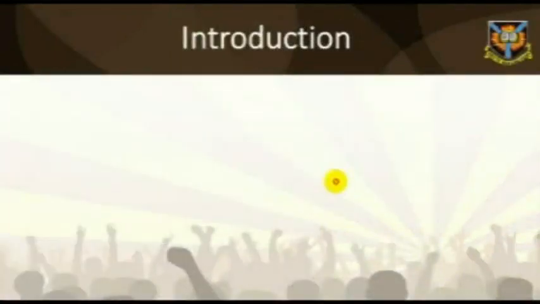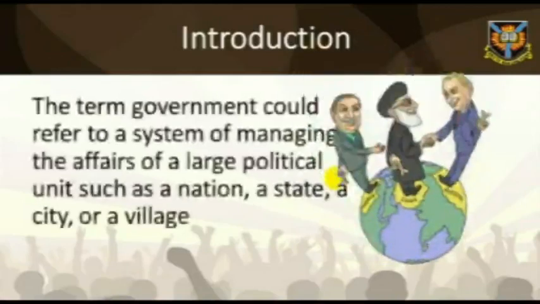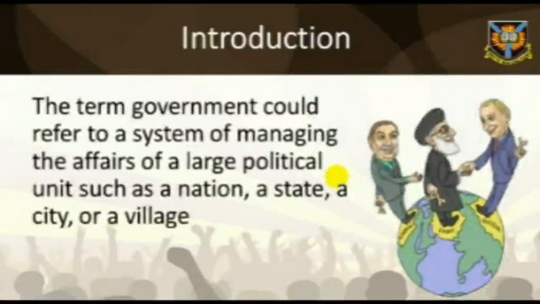Introduction. As noted in Study Sessions 1, 2, and 3, the term government could refer to a system of managing the affairs of a large political unit, such as a nation, a city, a state, or a village. In Study Session 4, we discussed the implication of fusing power in an organ of government.